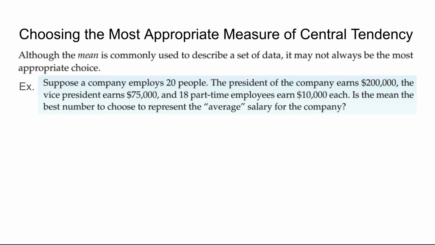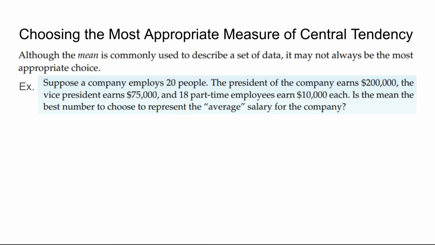Okay. So we have learned about 3 different types of measures of central tendency. Although the mean is commonly used to describe a set of data, it may not always be the most appropriate choice. For example, suppose a company employs 20 people.